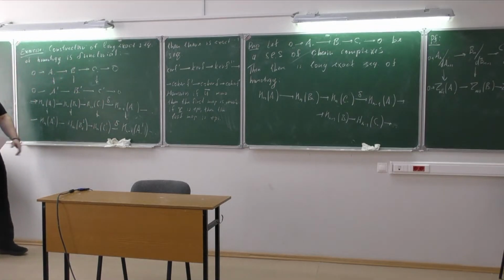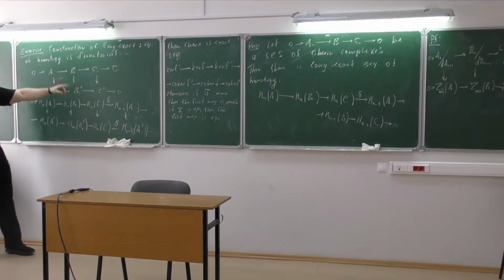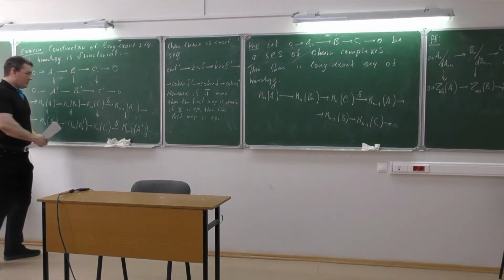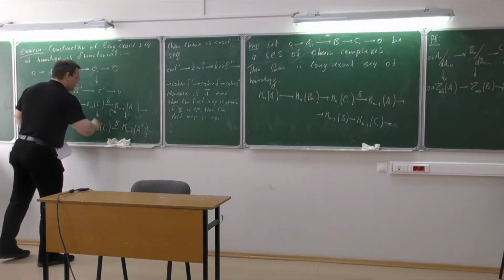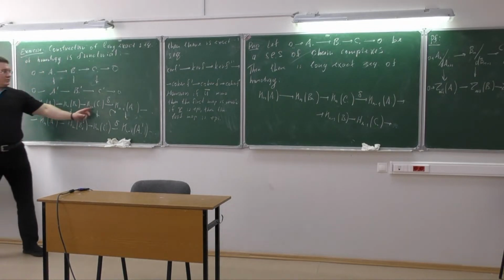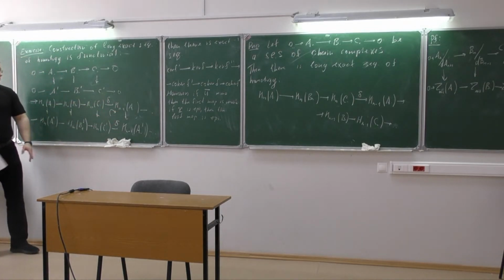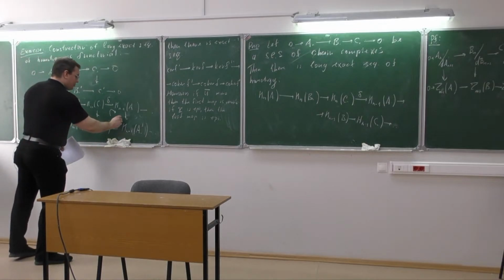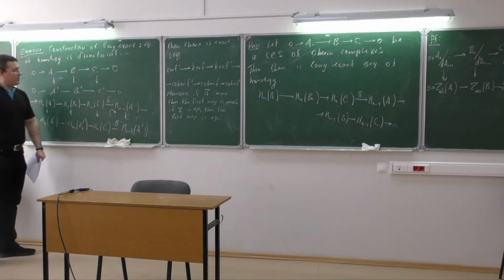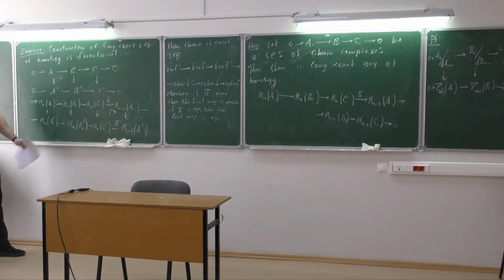And the statement is that this construction is functorial precisely means that this square is commutative. So that's a commutative square. This second connecting homomorphism is also supposed to be called delta prime. And this is for any index n.